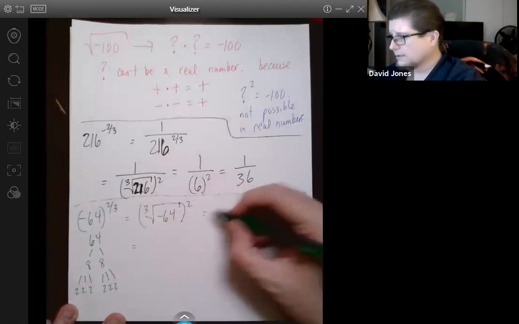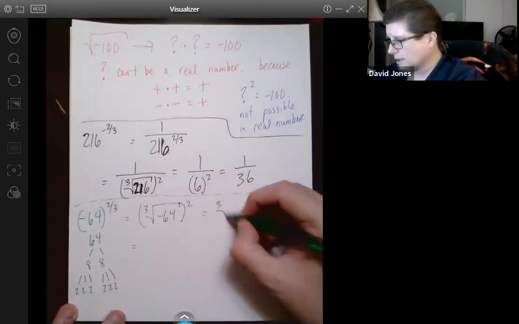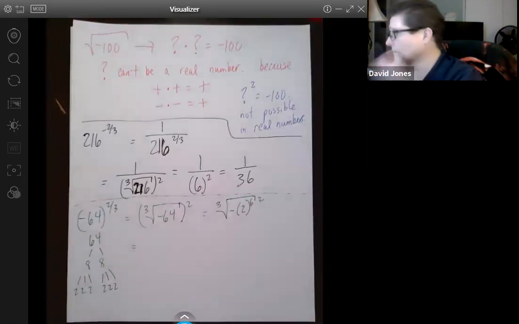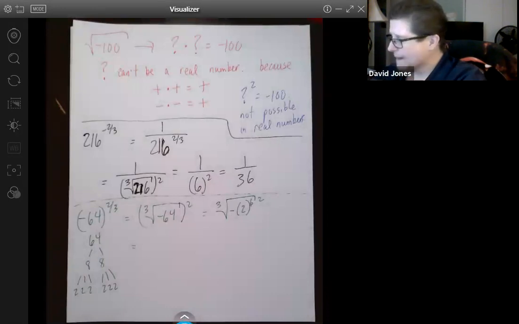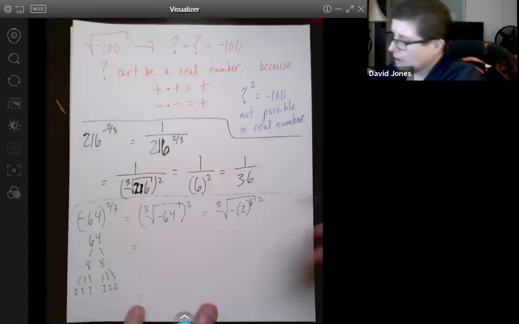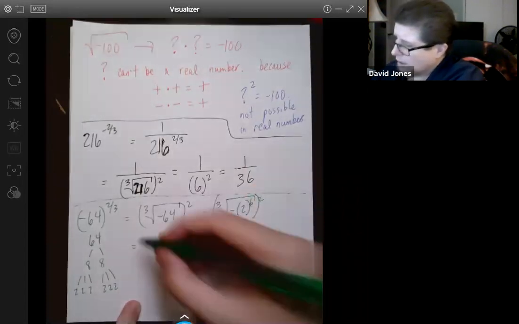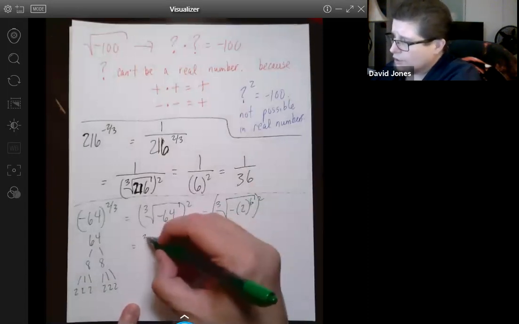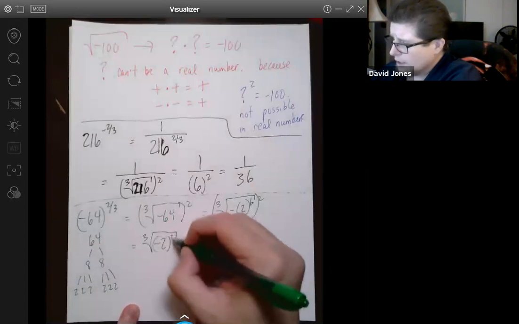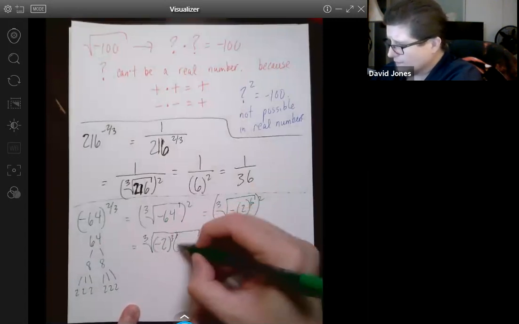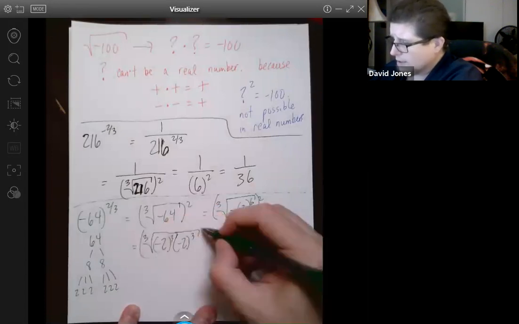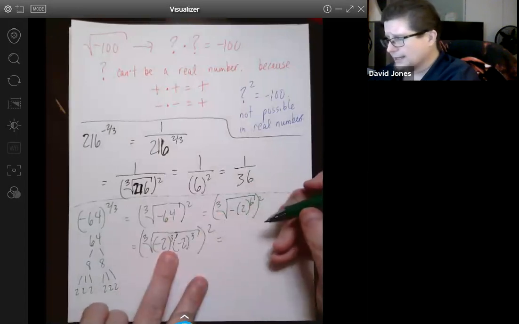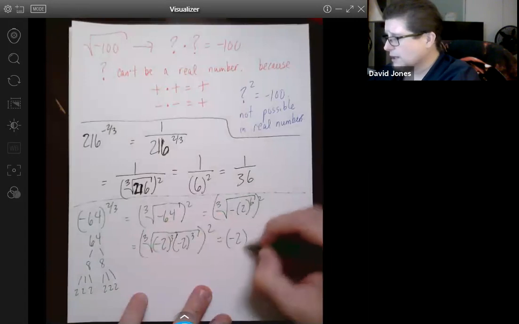So I've got the cube root of negative 2 to the 6th power squared. And we'll do what I did last time. When I've got something like this, I'm going to break the 6 up into 3-size pieces. Cube root of negative 2 cubed, and then I've got another negative 2 cubed. Still got the square on the outside. The root and the index and the exponent cancel out. This is negative 2 times negative 2.